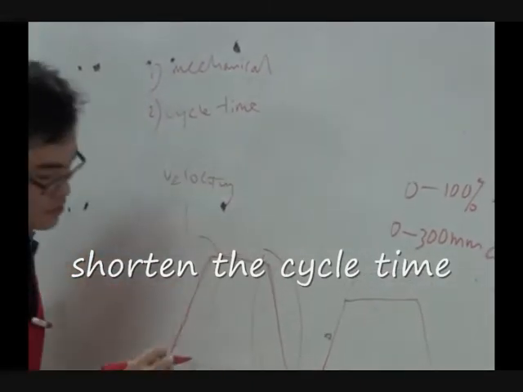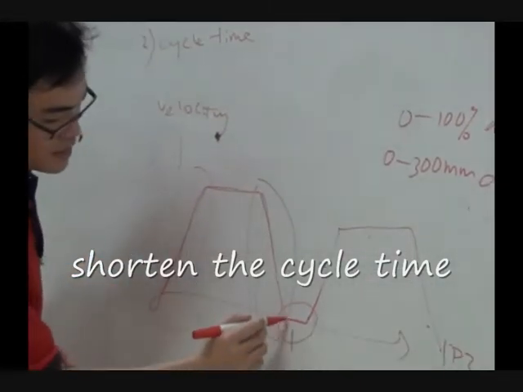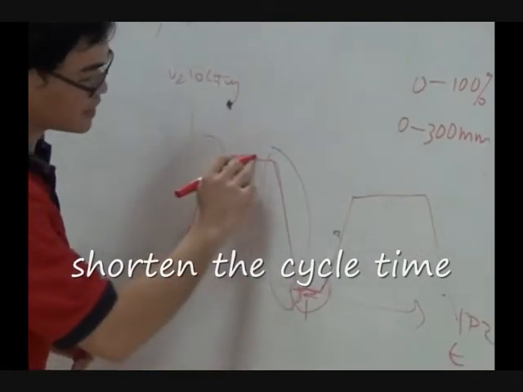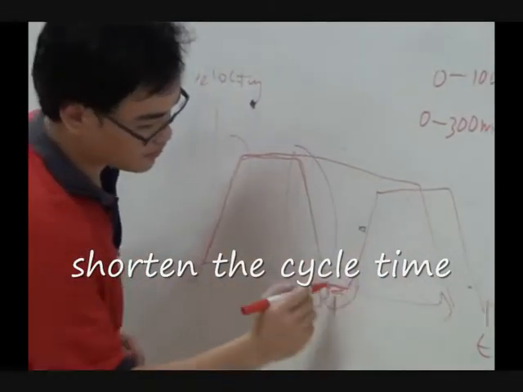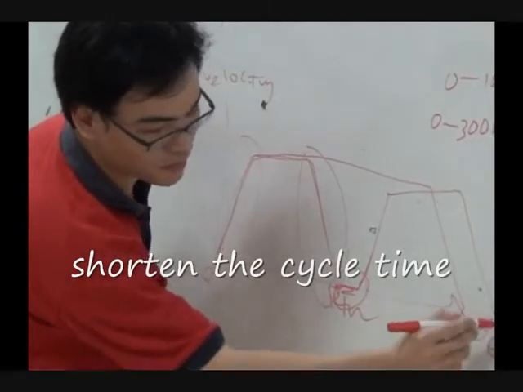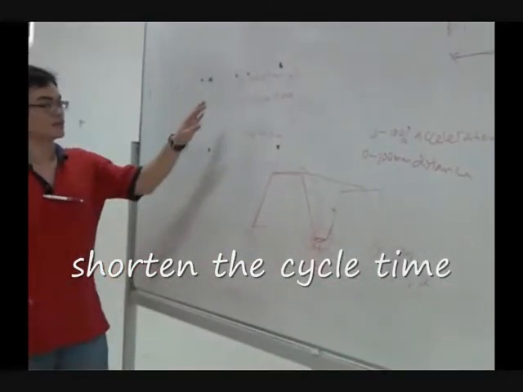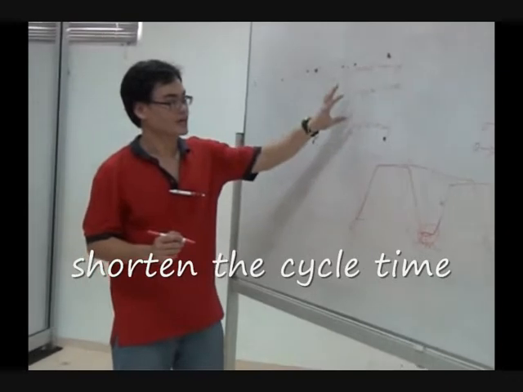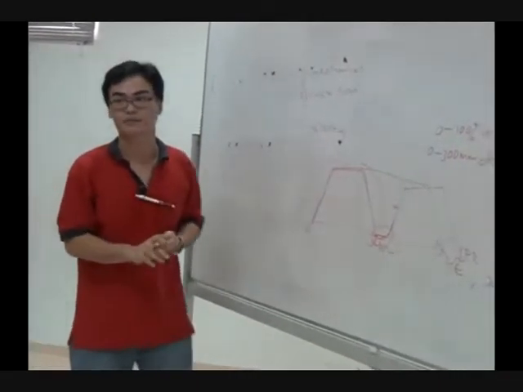By choosing a continuous motion, we can eliminate this delay. So it will be something like this, and we can save this amount of time. So it's good for cycle time control.